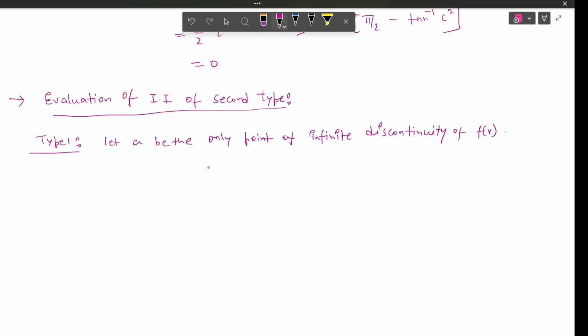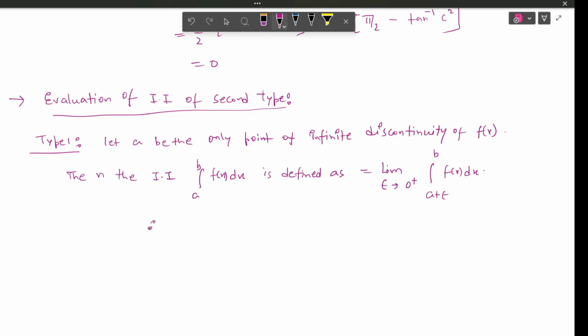Then the improper integral, integration a to b f(x) dx, is defined as the limit epsilon tends to 0 plus of integration a plus epsilon to b f(x) dx, provided this limit exists.